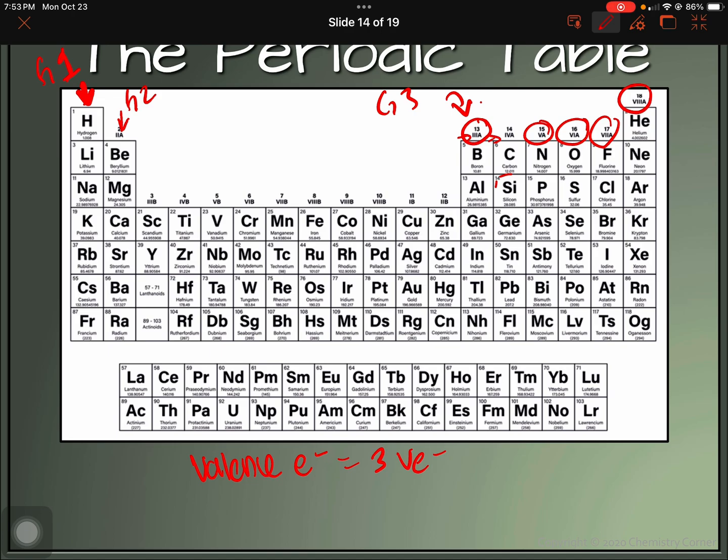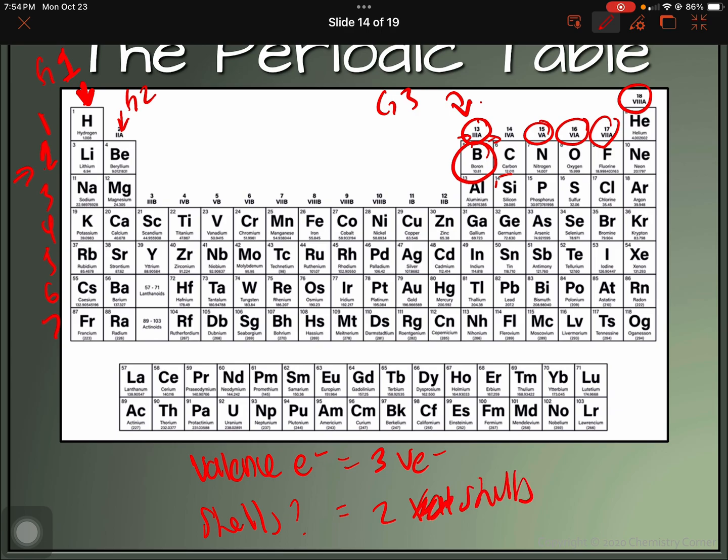How many shells do I have? How do we find that out? Remember that we said the numbers on the side correspond to the number of shells. So if I'm in row 2, as you can see here, and I'm talking specifically about boron, that means I'm going to have 2 shells.